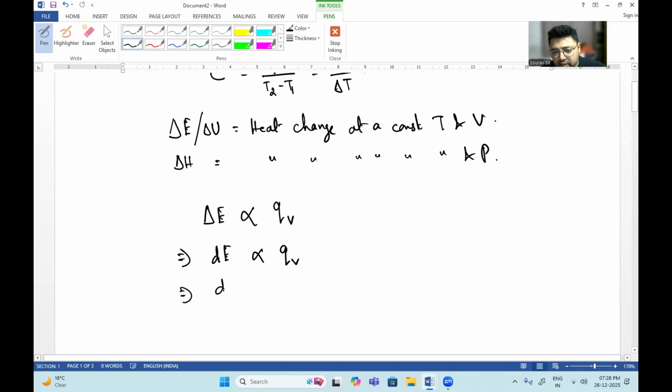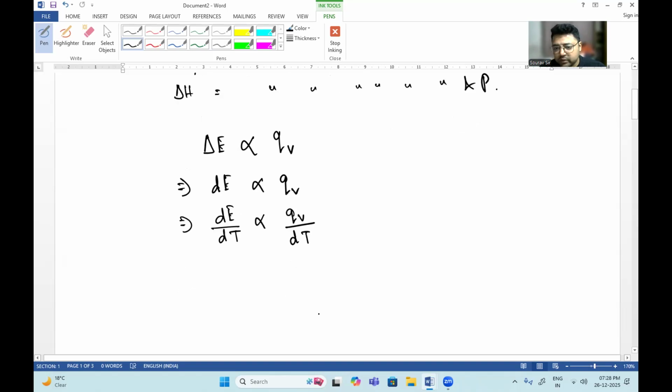So if I write dE by dT here, then we write QV by dT as well. This change in internal energy with respect to temperature can be regarded as the heat capacity at a constant volume. So we can write CV is directly proportional to QV by dT.